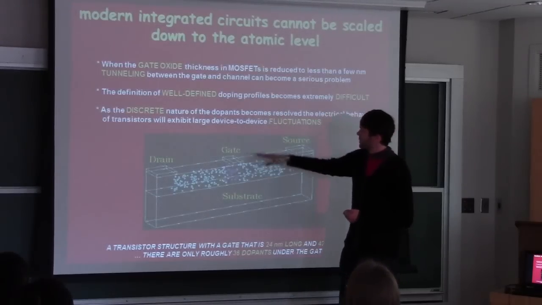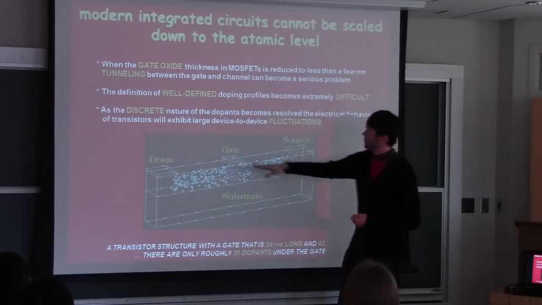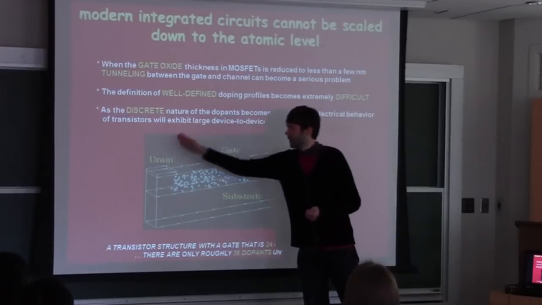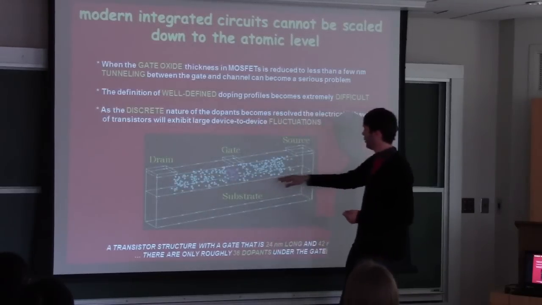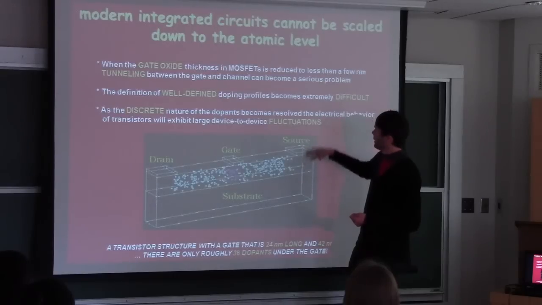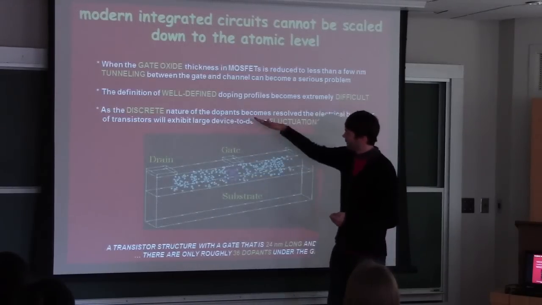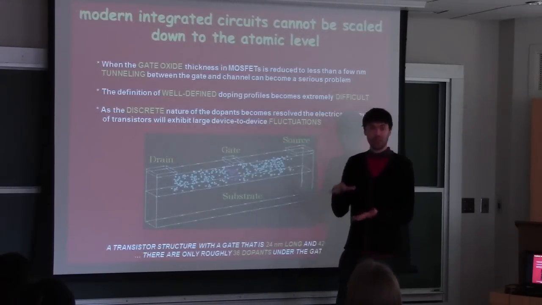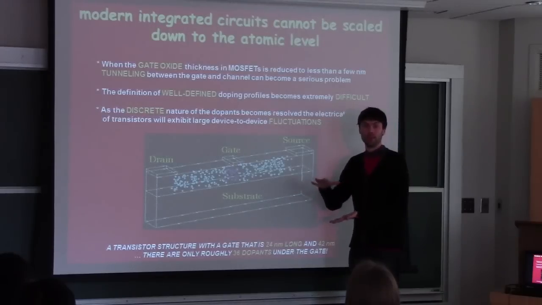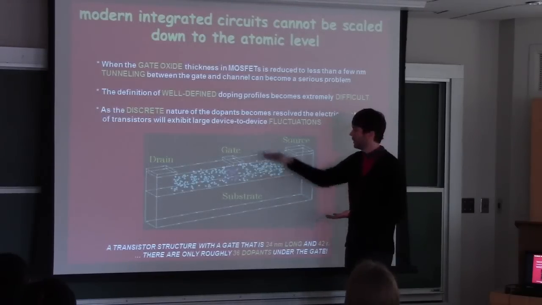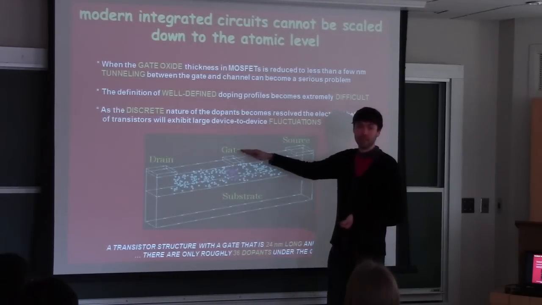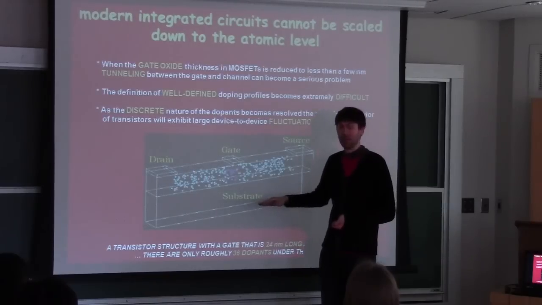It has important elements, source and drain, so you can send electrons in and then they go along this channel from source to drain, and then there is a gate which can change whether electrons go through or not. It's an electrostatic gate, like in a capacitor.